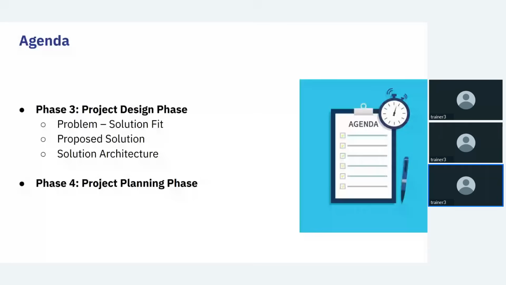So in the previous session, we discussed phase 1 and phase 2, right? In that you worked on the problem statement and on how to think of a new solution, how to fit the solution to your problem, and how to get updates for your solution.